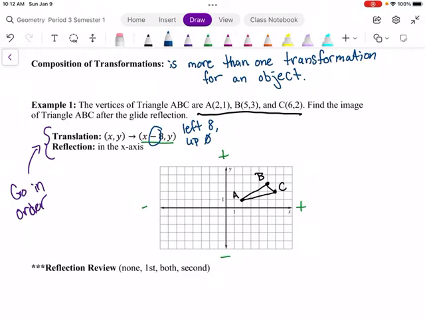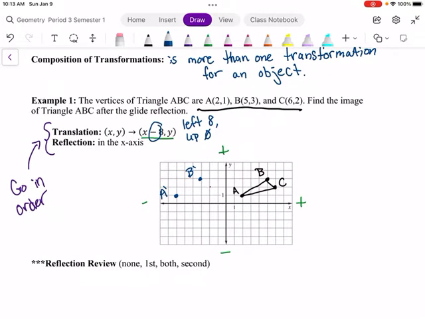So this one we're going left 8. So every point I'm going to move 8 to the left. And remember, when you label these ones, you're going to label them as primes. So A prime, and then we have B prime, and then we would have C prime. And then again, we'll connect our shape.